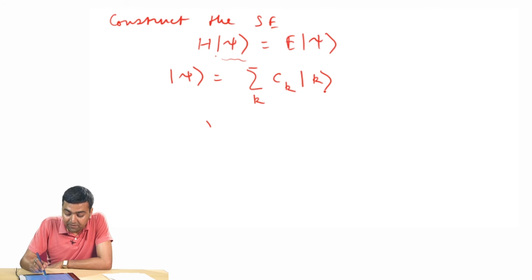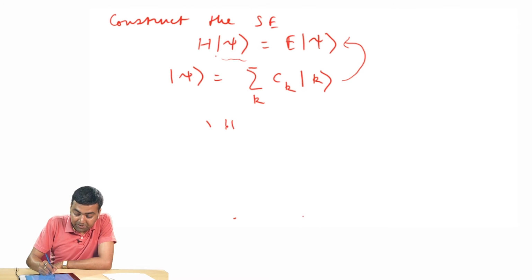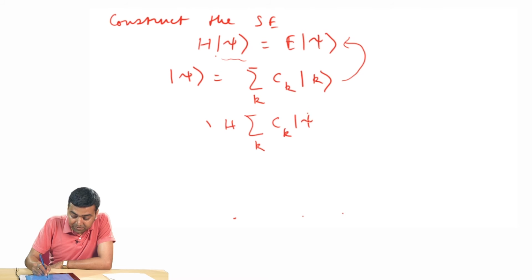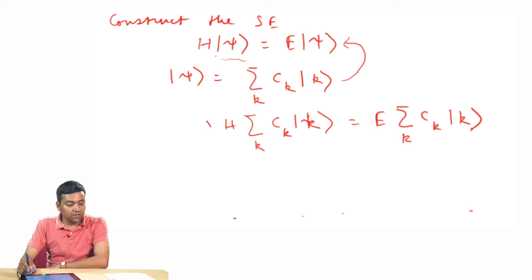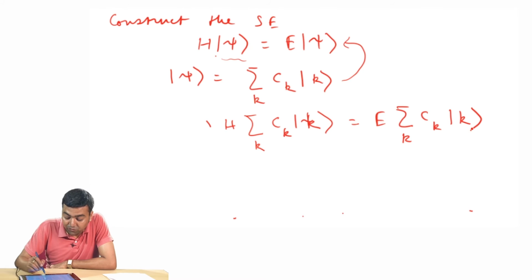If we plug in the value of psi into this equation, H will act on psi, which is the sum over k of C k times the vector k, and on the right hand side we will have E times the sum over k of C k times the vector k.